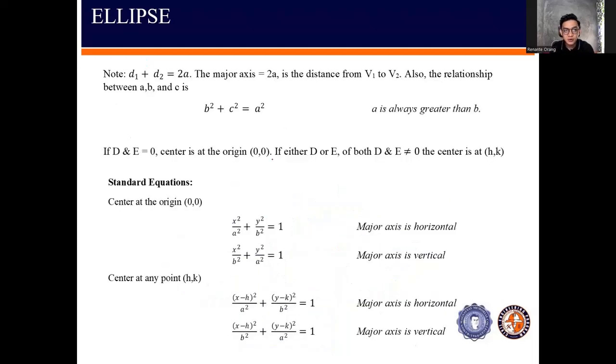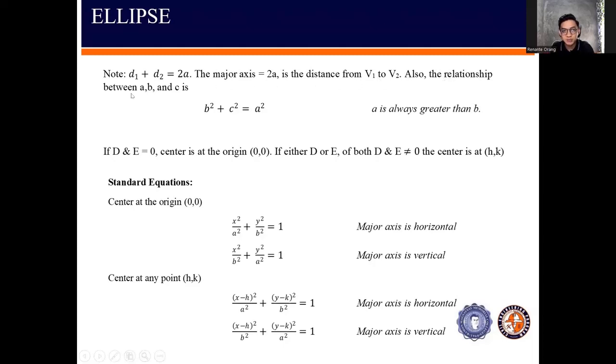Okay. So, to continue, take note of what I said earlier: D1 plus D2 is equivalent to 2A, which is our major axis, and is the distance from vertex 1 to vertex 2.